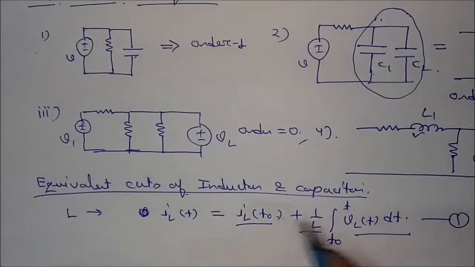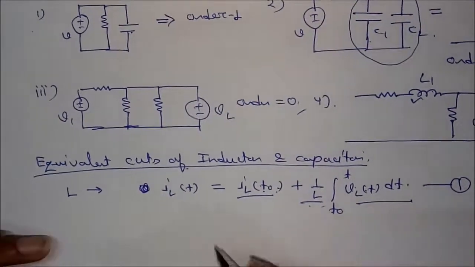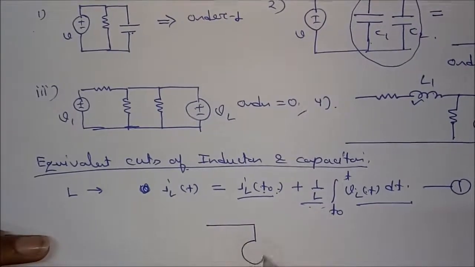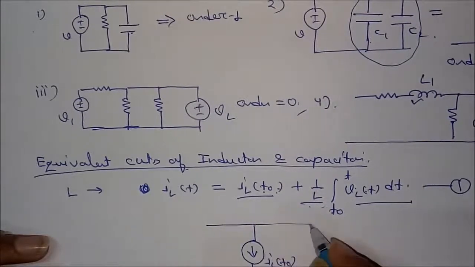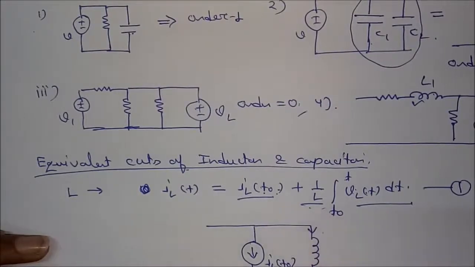That means these two can be represented by a parallel circuit. Is it okay? One current represents the initial current, and the other represents the current for t greater than t0. So if I make its equivalent for L, there is a current source, this is i_L(t0), and this is the inductor across which some current is flowing.